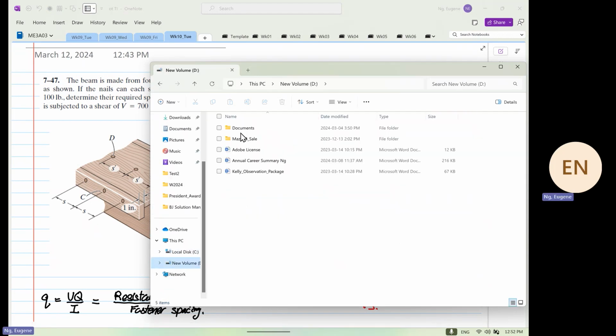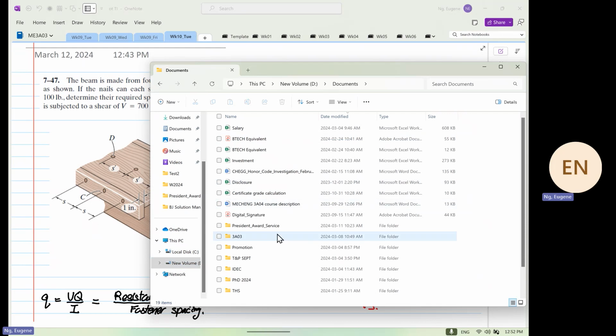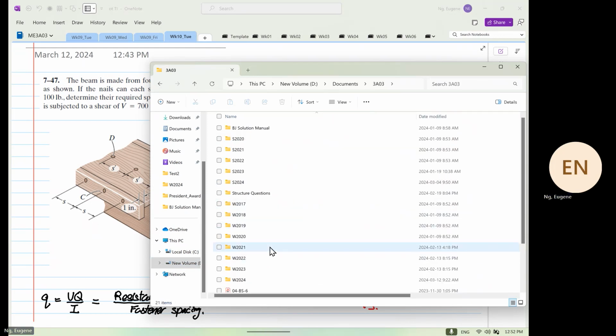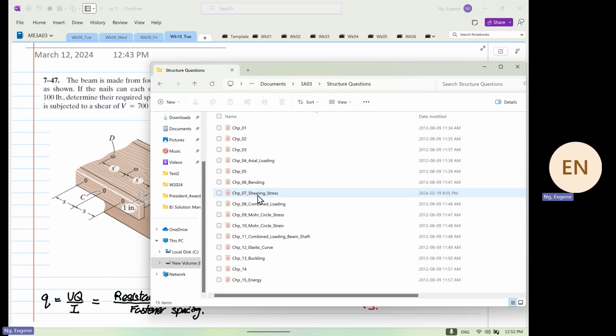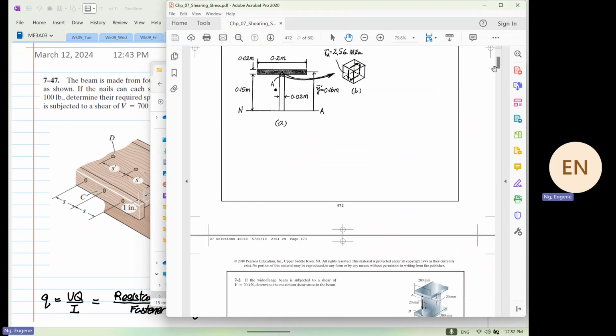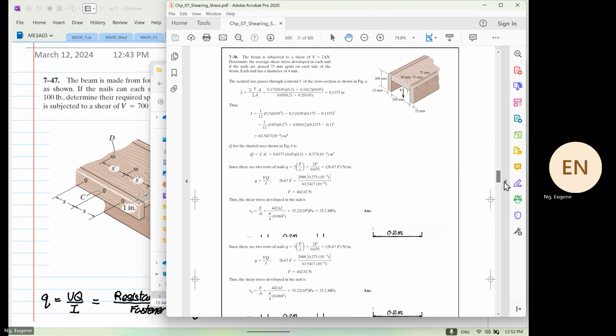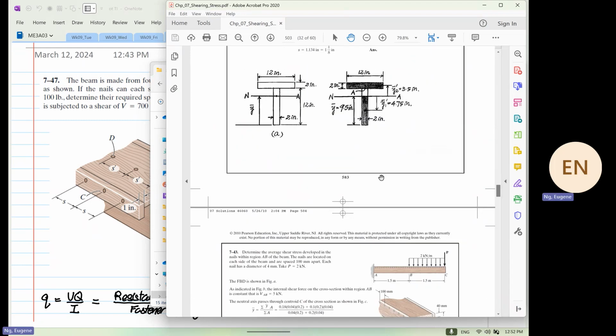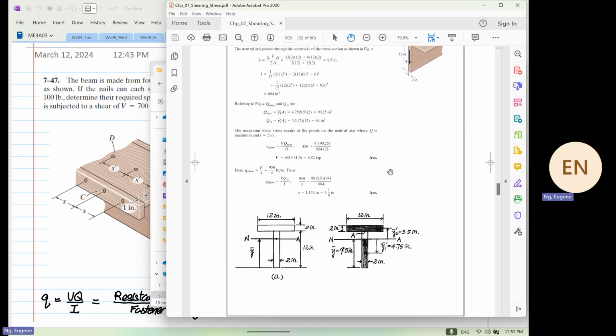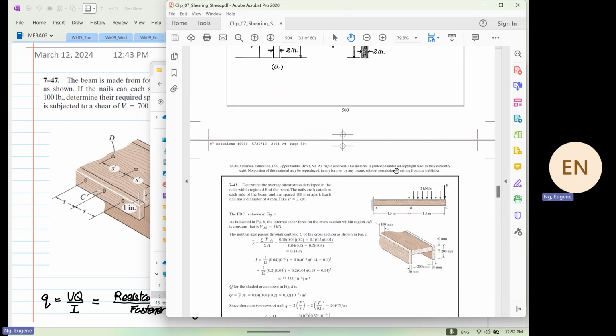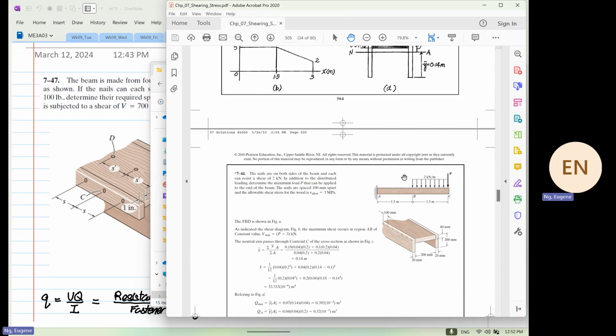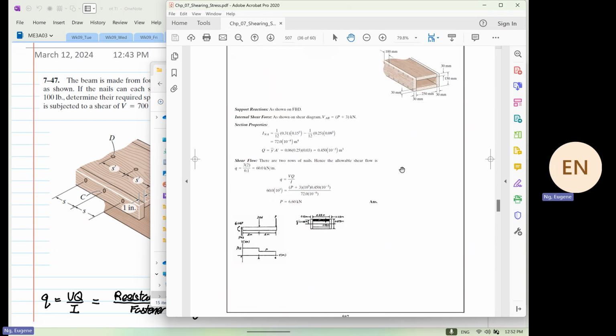It's kind of private. Solution manual is like the prof being naked. Okay. So give me like 1 second. So 7.46 or 7.47. Give me a minute.